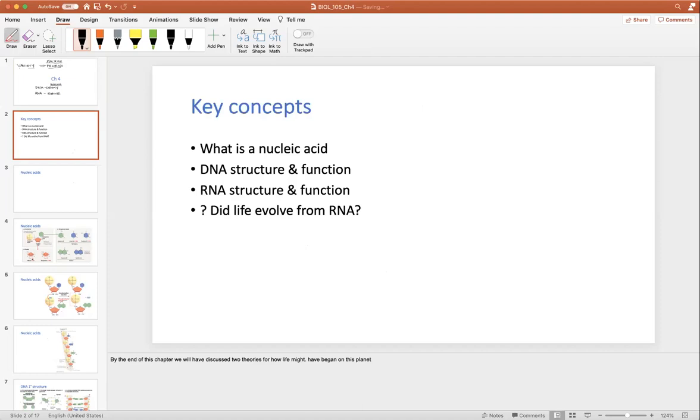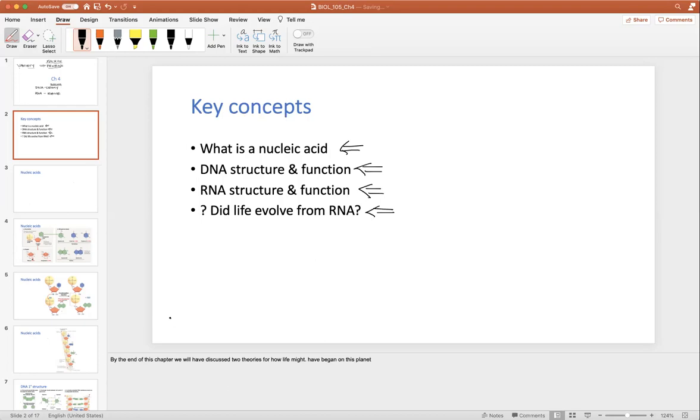So key concepts that I want you to know as we move through this chapter. I want you to know what constitutes a nucleic acid. I want you to understand the structure and function of DNA, the structure and function of RNA. And then at the end, we're going to discuss a little bit about whether life might have evolved from RNA.